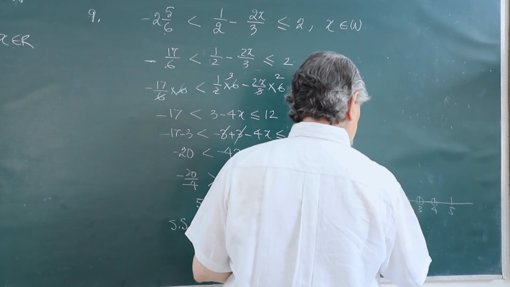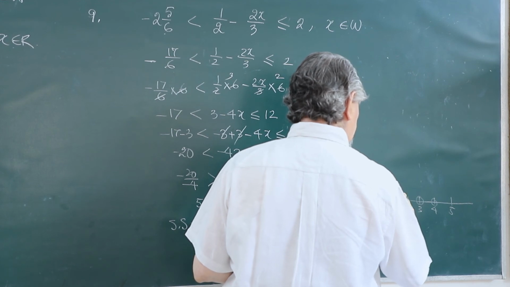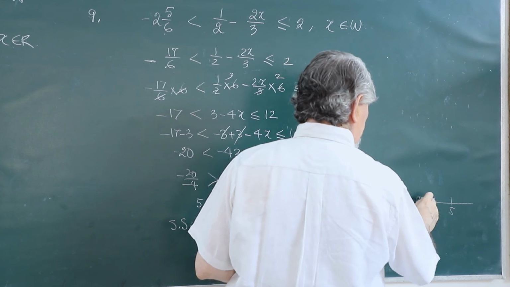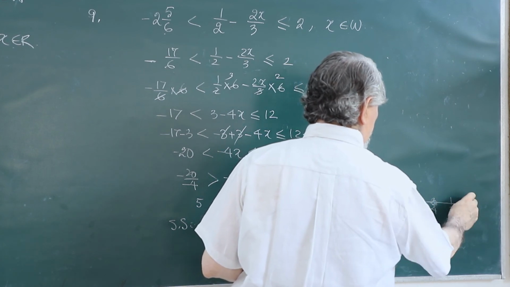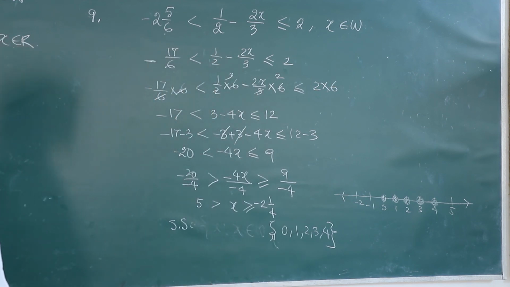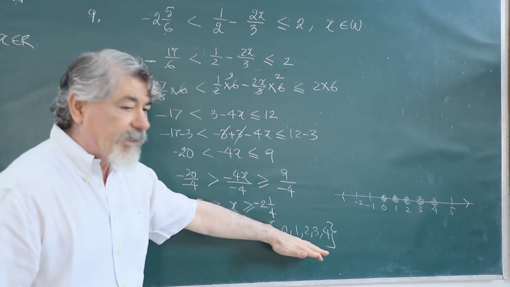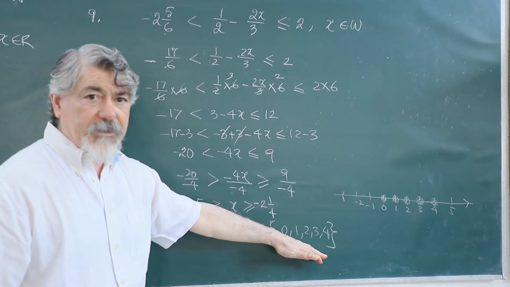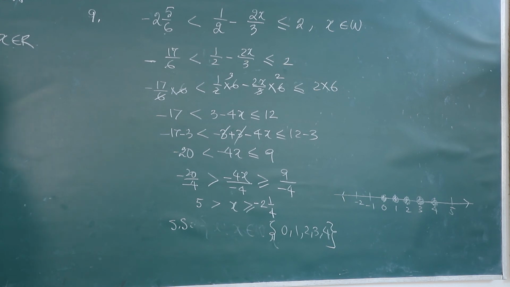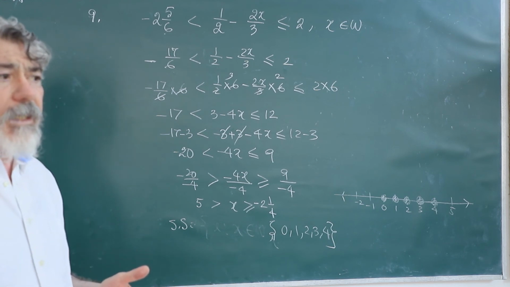This is your representation of this inequation on the number line. This is the representation of this on the number line, and that is how we write the solution set. Now let us see question number 10, and these questions should be enough for you.